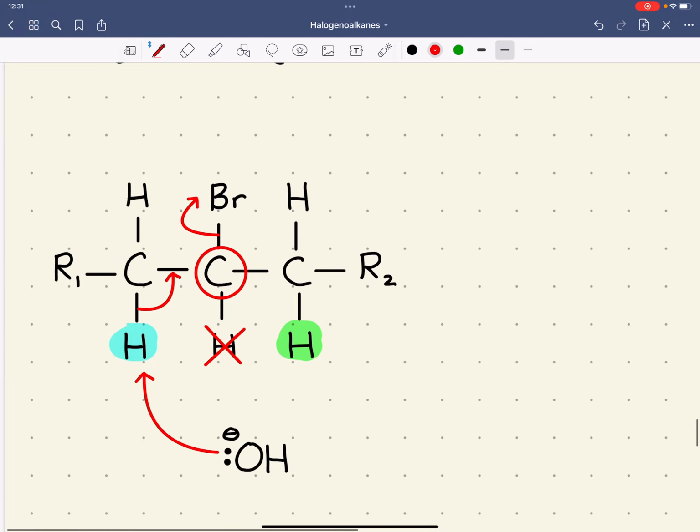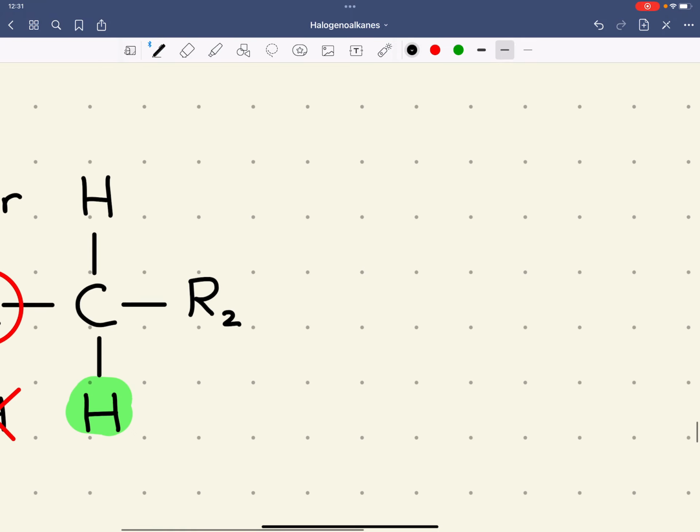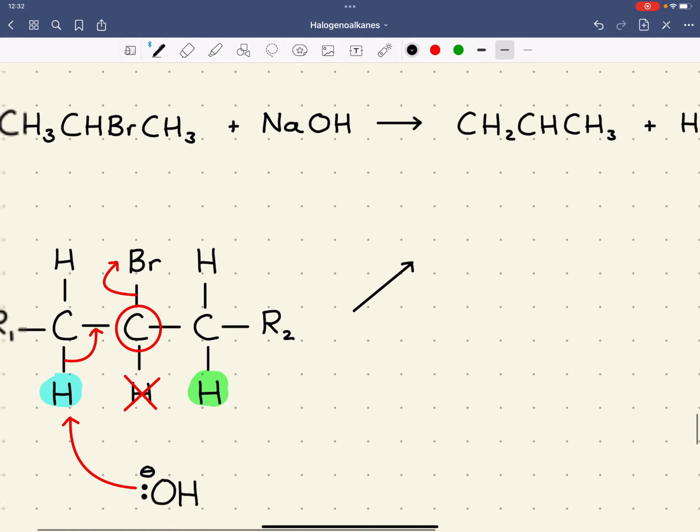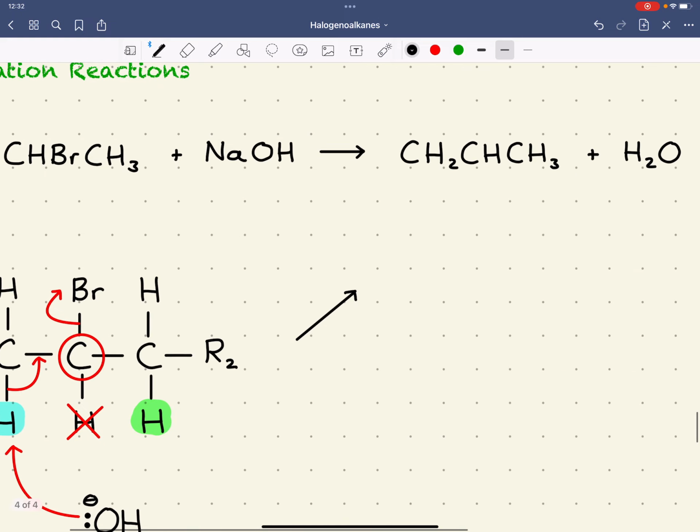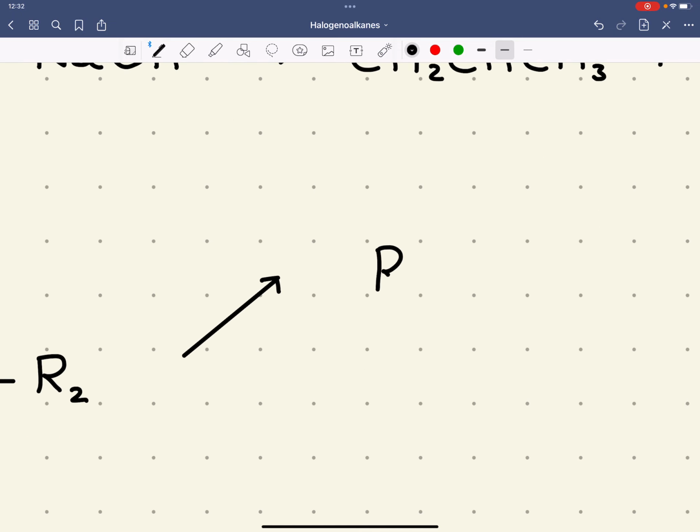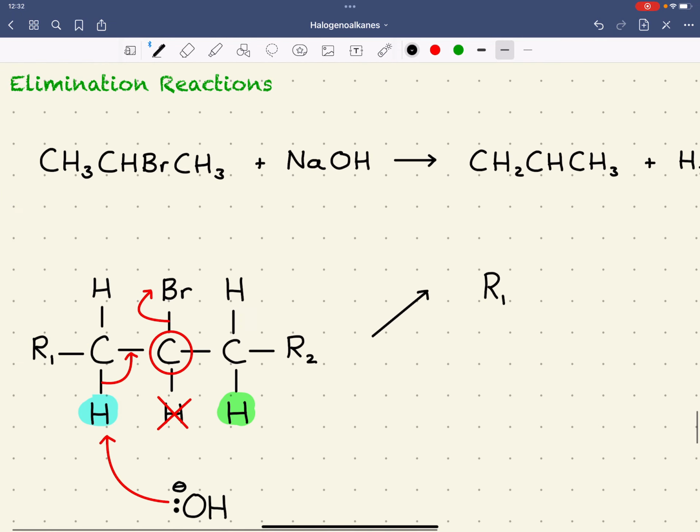And that gives us the first potentially of our products, and I'll draw the structure of this product up here. So what that will give us then, it will give us this R1, and then we've got a carbon with a hydrogen. We've now got a double bond.